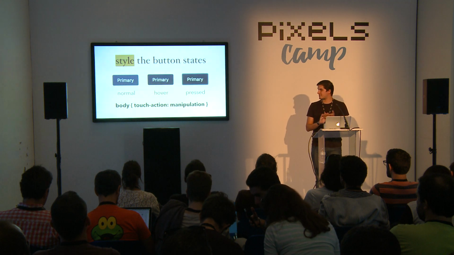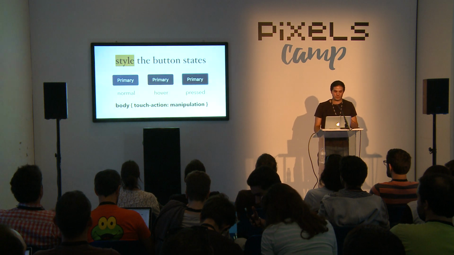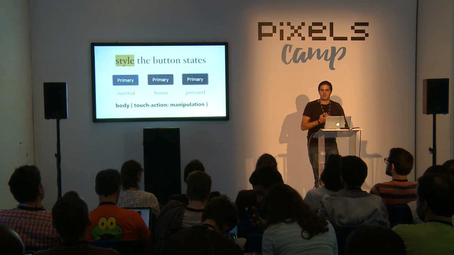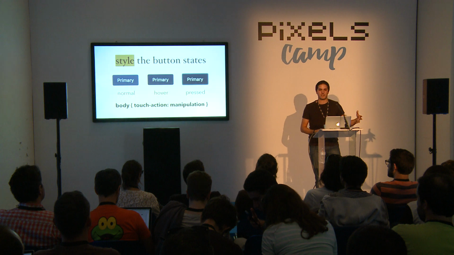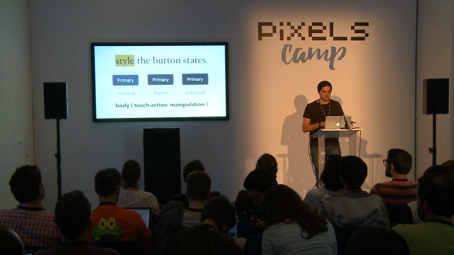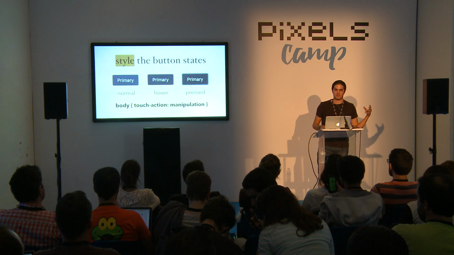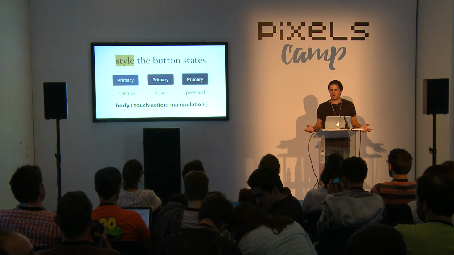Now, style the button states. This is very much related to feedback and lack thereof. When you style something, if you are styling a button, it should look like a button. The user should know that he can interact with it, that he can do something there. But usually what we end up doing is we just style the normal state, the hover state, and that's about it.